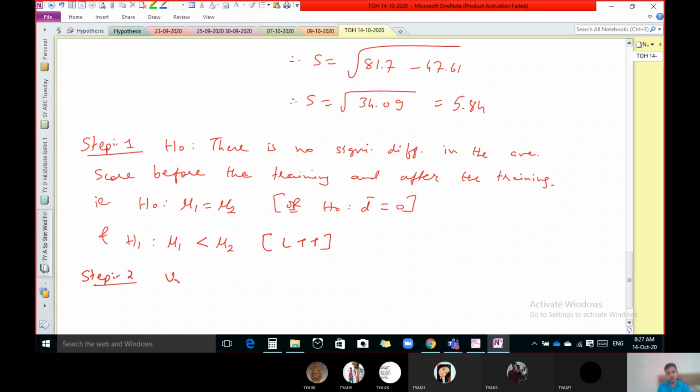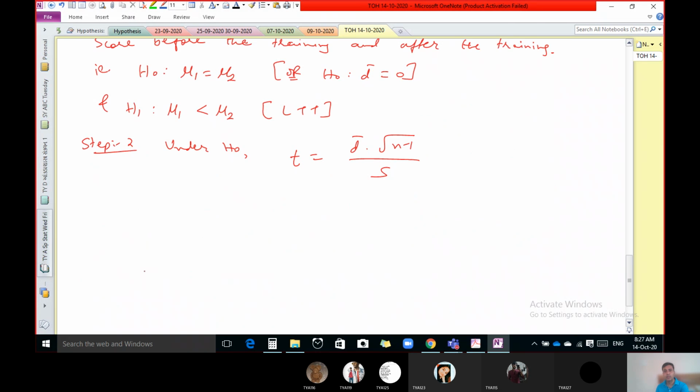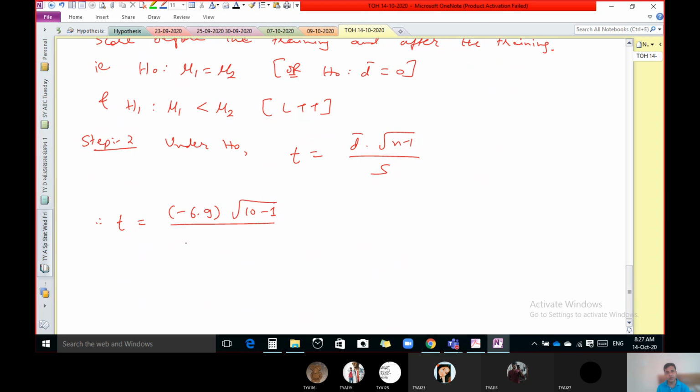Step 2: under H naught, t equal to d bar into root n minus 1 upon s. All values: d bar is minus 6.9. N is 10, so 10 minus 1. And s is 5.84.